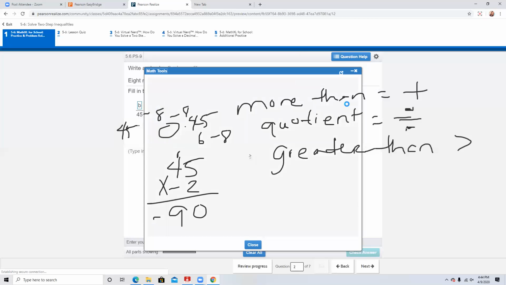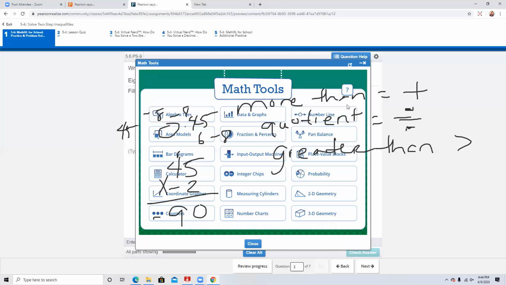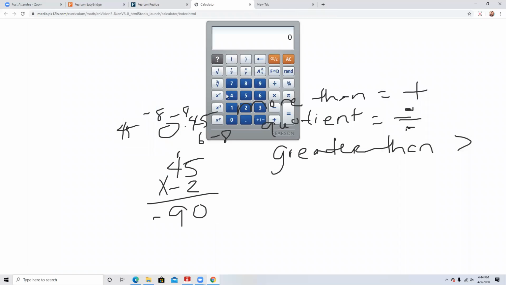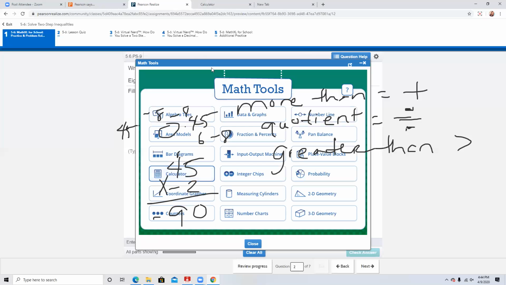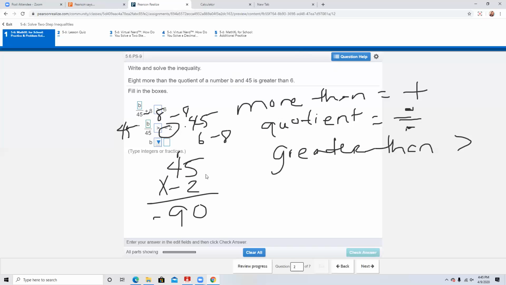Math tools. I remember seeing this when we was in school. Calculator, right here. Click on calculator and it takes you to a calculator. You do 45 times -2. It gives you -90. Same thing, okay? So you can leave that tab open because you can always go back to your calculator.